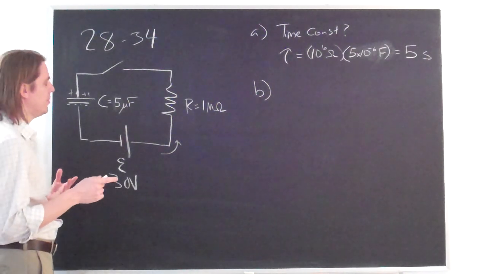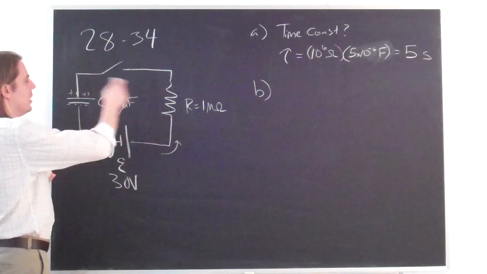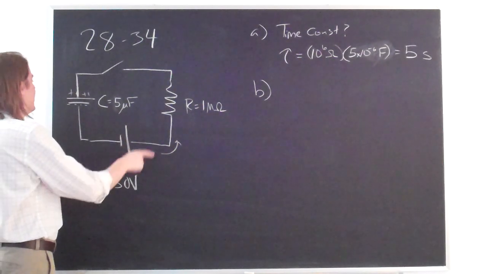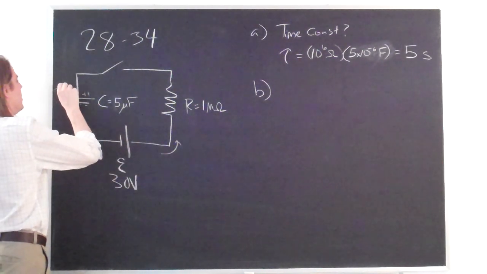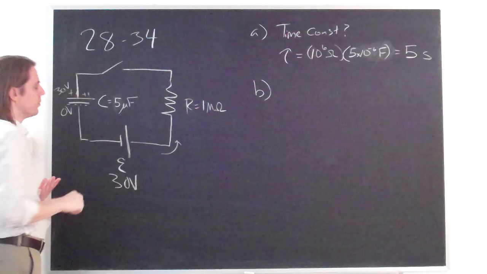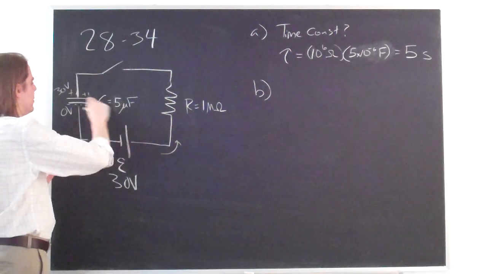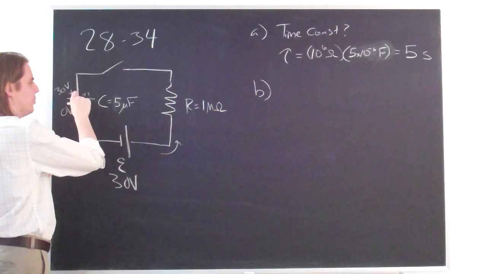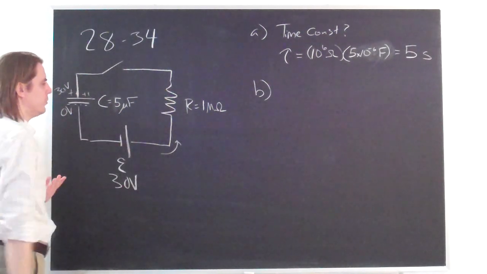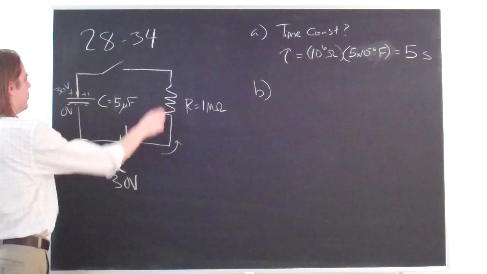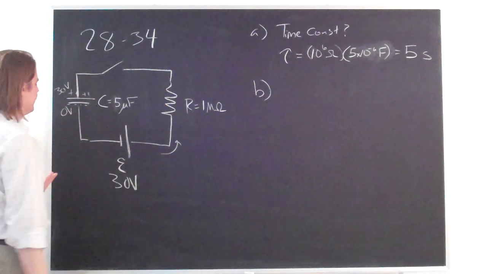So there you don't need the time behavior, you just need to know what will eventually happen. Eventually you'll reach the point where you're at 30 volts here and 0 volts here. If you let it go long enough, there'll be no more current and all the voltage drop will be across the capacitor. No current means no voltage drop across the resistor. So you have to go from 30 down to 0.